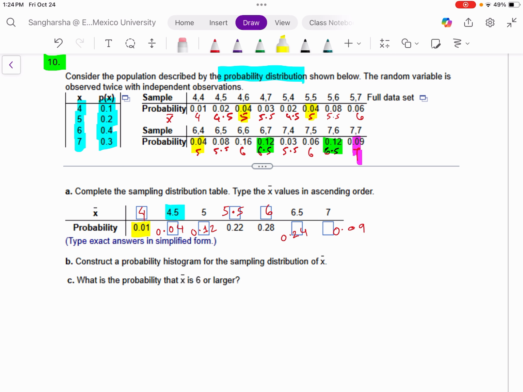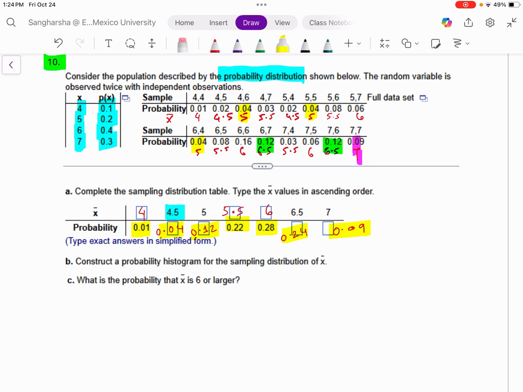So 0.01 plus 0.04, 0.05, plus 0.12, 0.17, plus 0.22, 0.39, plus 0.28, 0.67, plus 0.24, 0.91, plus 0.09, we get 1. That's how you can also check whether your table is correct or not.